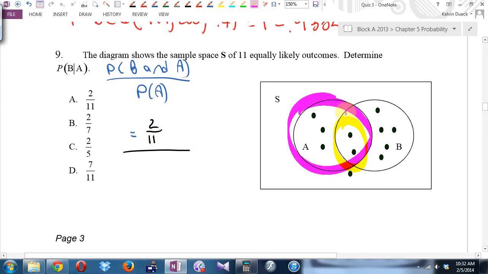That one. 1, 2, 3, 4, 5. Because there's 5 dots in the A circle. And if you go 2 over 11 divided by 5 over 11, I think you're going to find the answer is C. Okay? So for conditional, we said it's always both of them and divided by the given one.